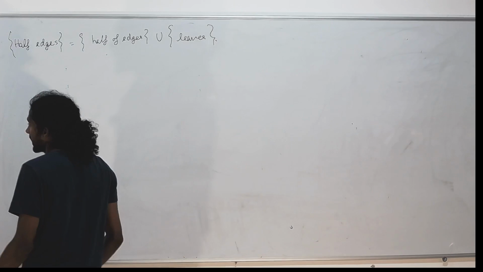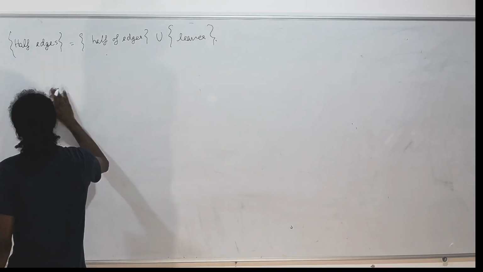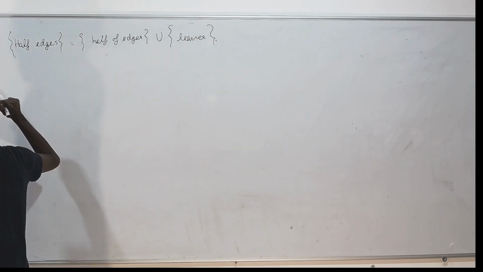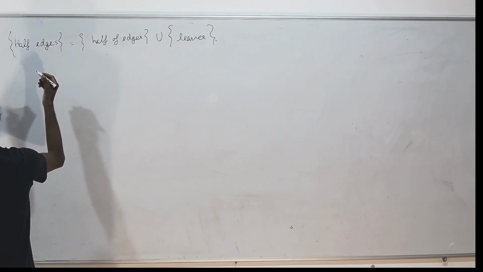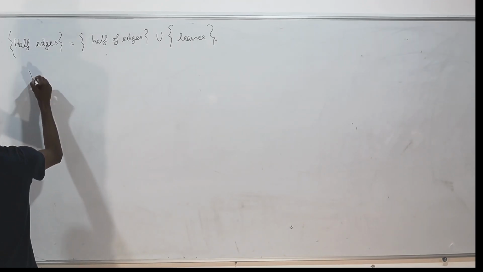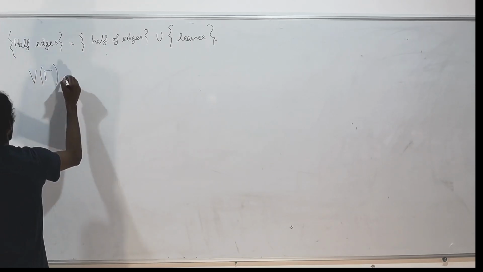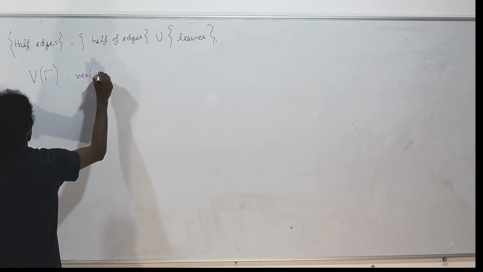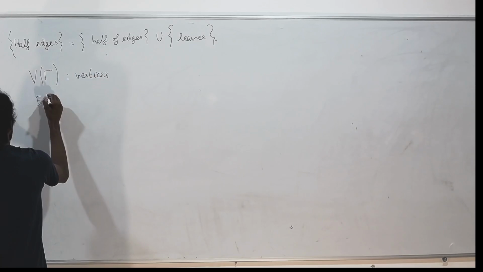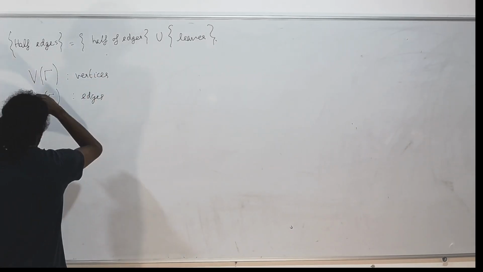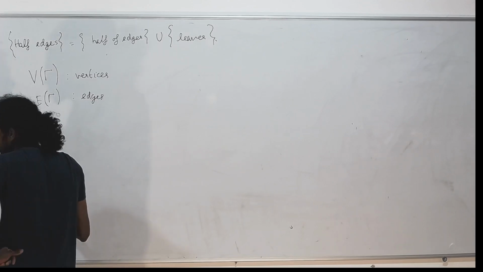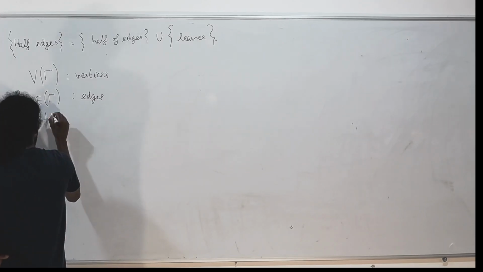Okay, and finally, if I have a stable graph, I will denote its vertices. E will refer to the edges. That's all I care about, but maybe H will refer to the half edges.